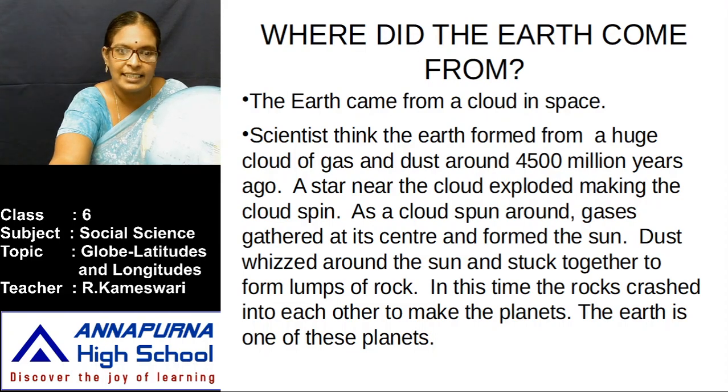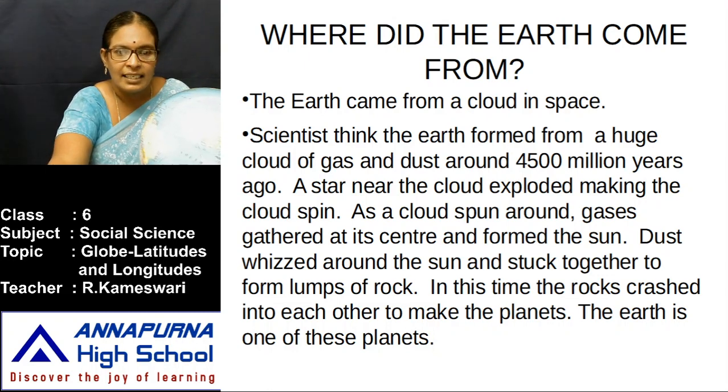Dust whizzed around the sun and stuck together to form lumps of rock. In this time, the rocks crashed into each other to make the planets. The earth is one of these planets. At first, it was too hot. It took a lot of years to become cool.